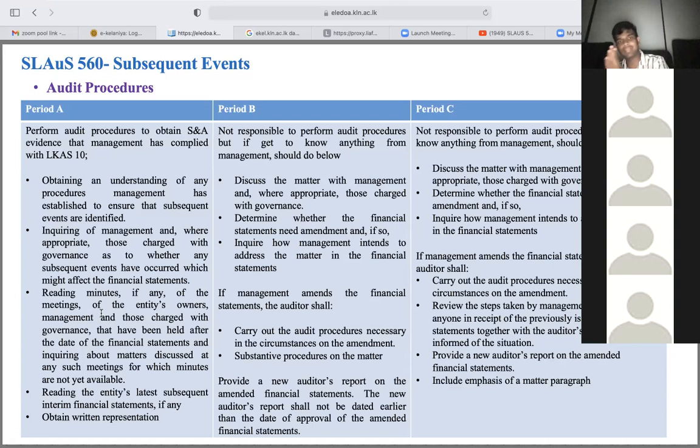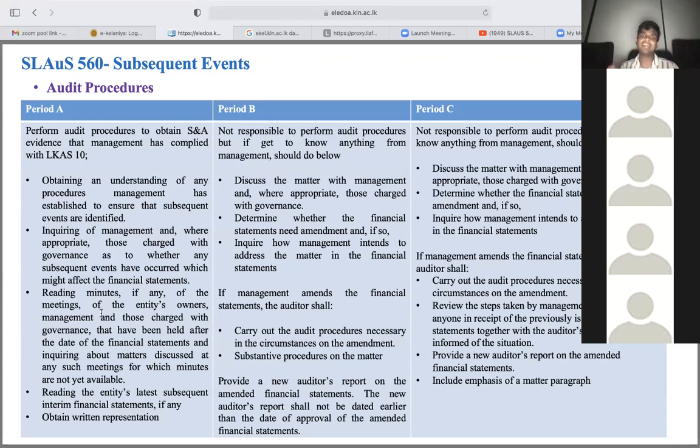And when it comes to period B, that means the period between the auditor's report date and the issuing date, right? We have not yet issued the financials to the shareholders, but we have given the audit report to those charged with governance. In this period, we don't have any responsibility as an auditor to perform audit procedures, because we have just given our audit report.